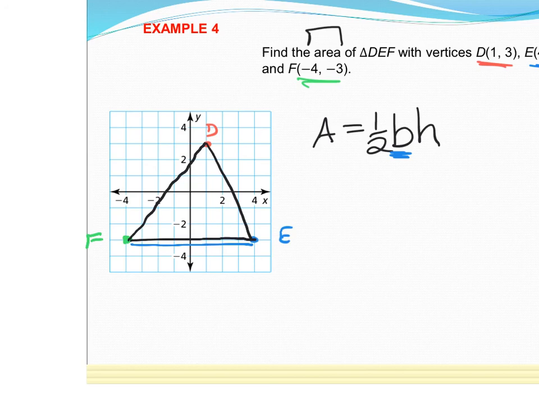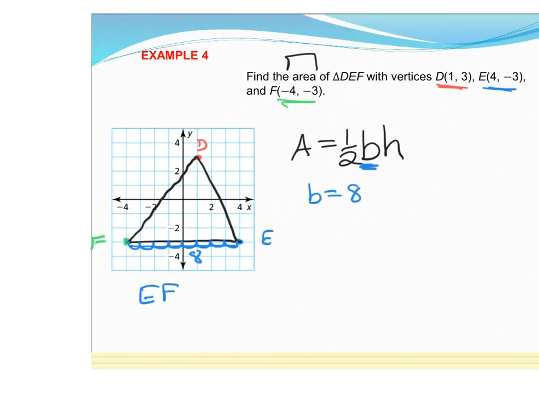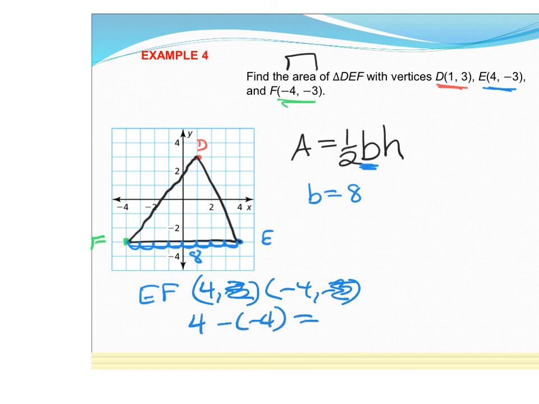I can count the squares. 1, 2, 3, 4, 5, 6, 7, 8. Has a length of 8. So B equals 8. I could also take EF, and I could take those two ordered pairs, find the two numbers that are the same, and now subtract. 4 minus -4, and I get 8.